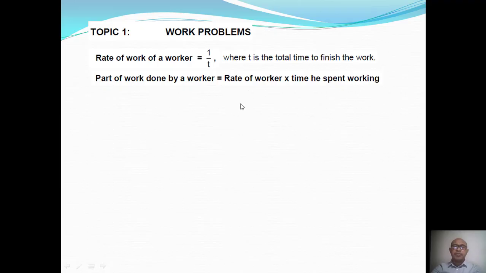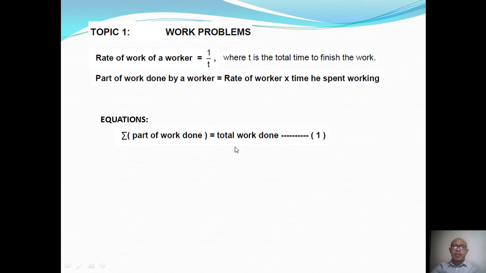For our equations, the first is this: if we have many workers working on the job, we can make an equation involving the part of work done by the workers, and that is the summation of the part of work done is equal to the total work done.